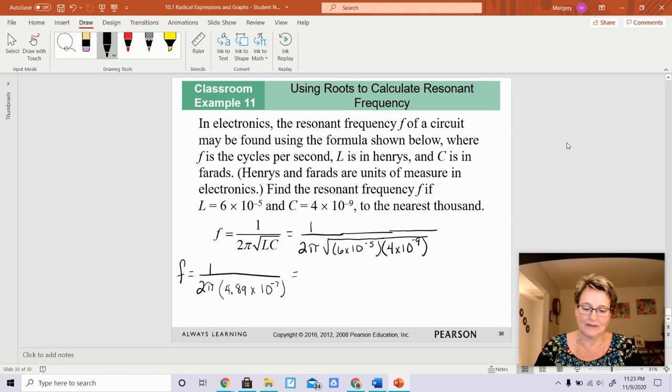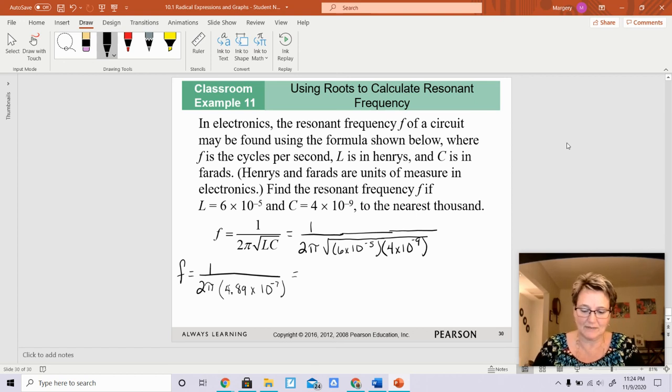Now I'm going to take 1 divided by 2 times 3.14 times 4.9 times equals, divide by negative 7. Oops, wrong button. 10. And I have a terrible time putting scientific notation in this calculator.